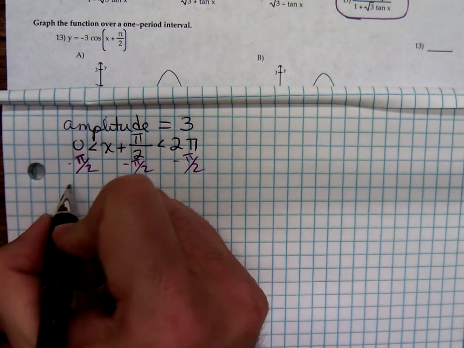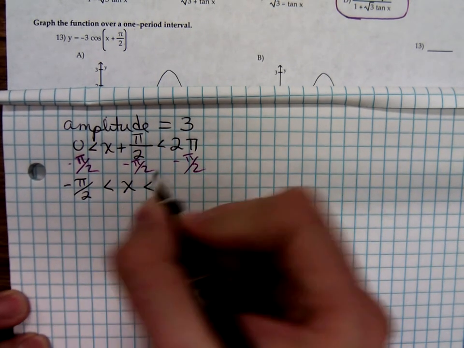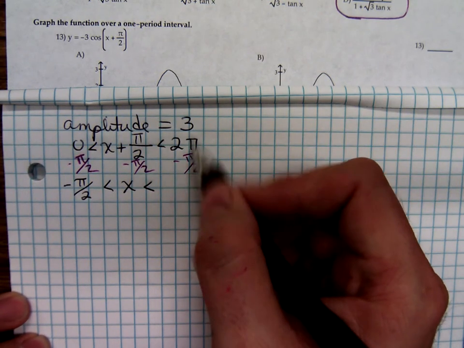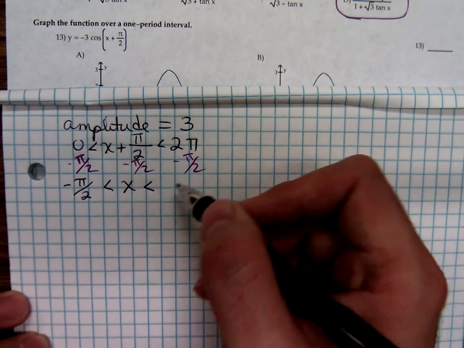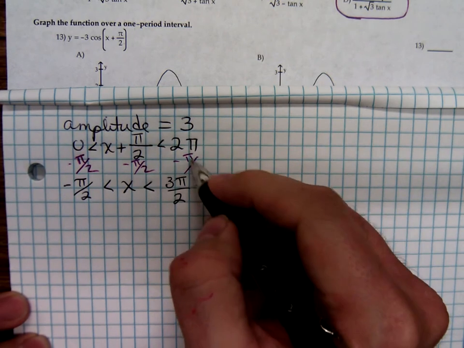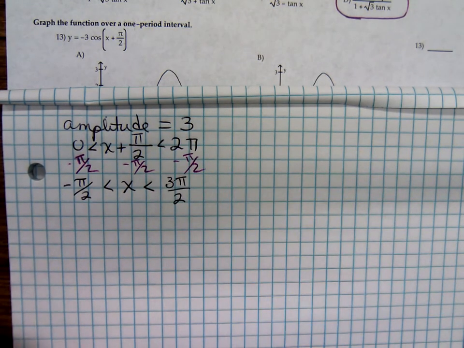So we have negative pi over 2 less than x. Let's see, 2 pi minus pi over 2: 360 degrees minus 90 degrees is 270 degrees. Or 4 pi over 2 minus 1 pi over 2 is 3 pi over 2, however you want to call it.